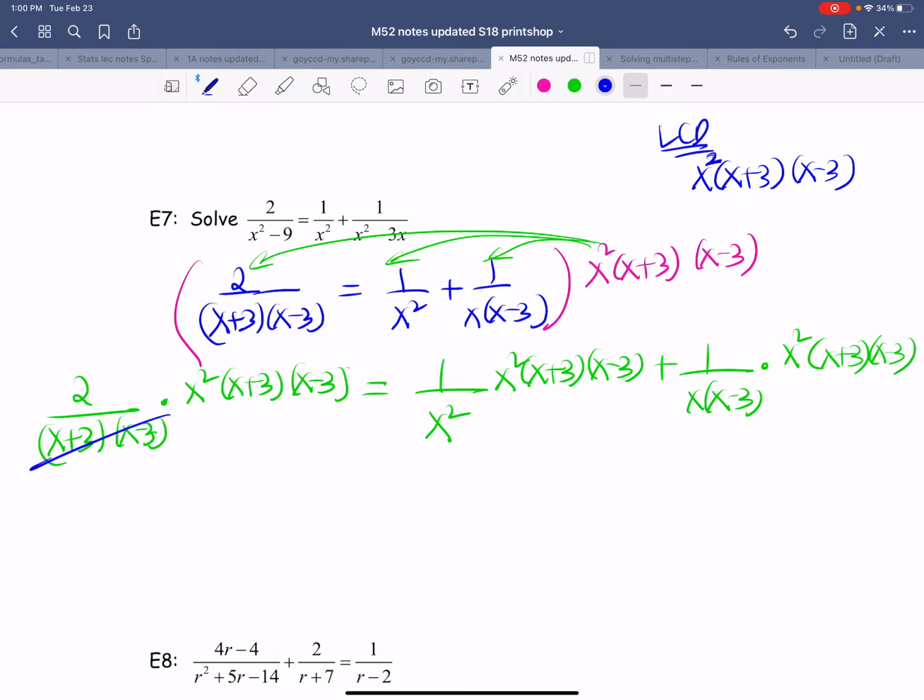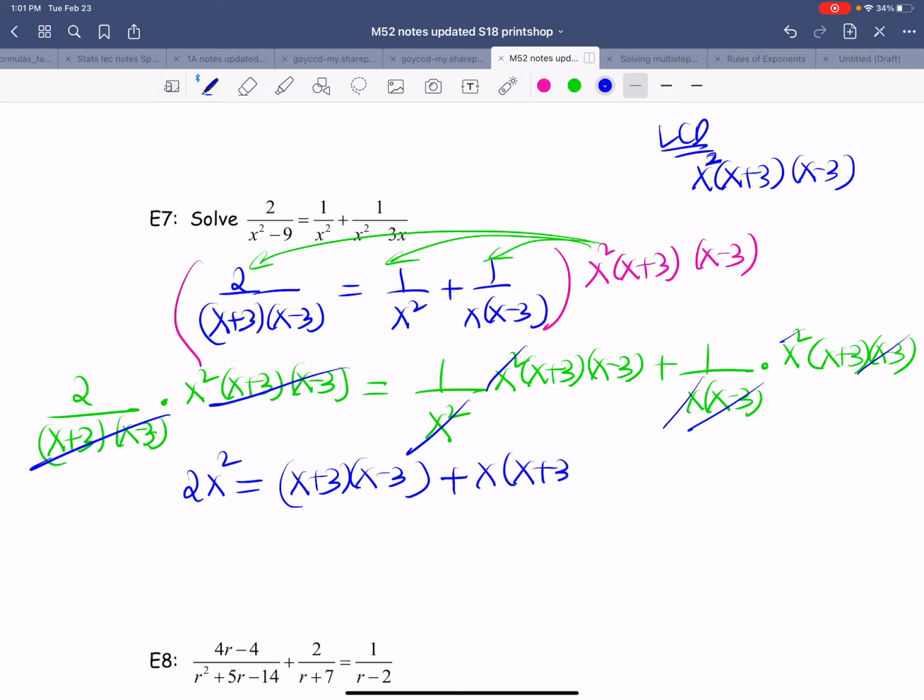All right, so all this is gone. 2x squared equals x plus 3 x minus 3. We're just canceling the common factors between numerator and denominator, and then we have plus x times x plus 3.